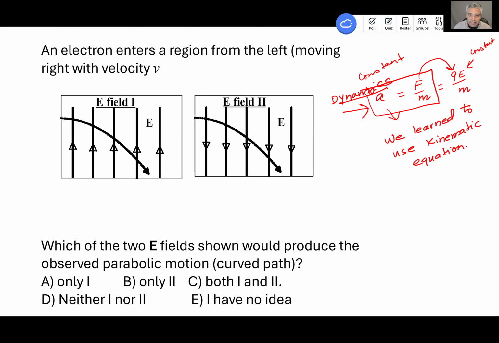So conservation of momentum, conservation of energy, okay? And I said, okay, we're going to be using that in physics 1. And if you decide to take physics 2, we'll be doing the same thing. And that's what I'm doing here now, okay?